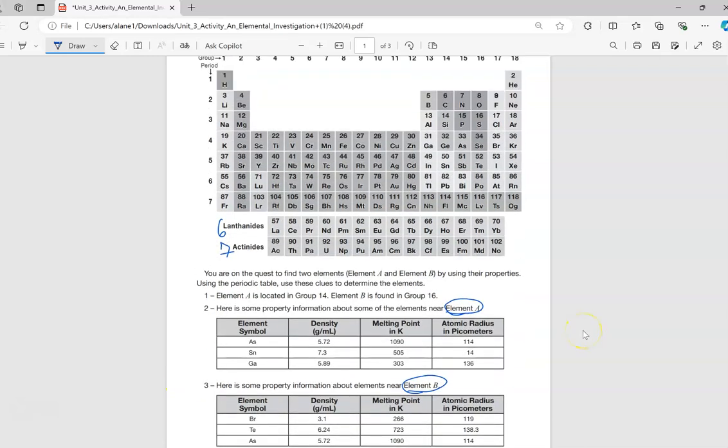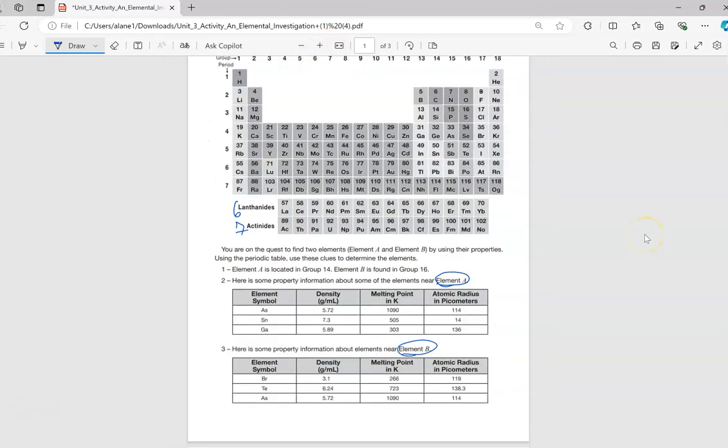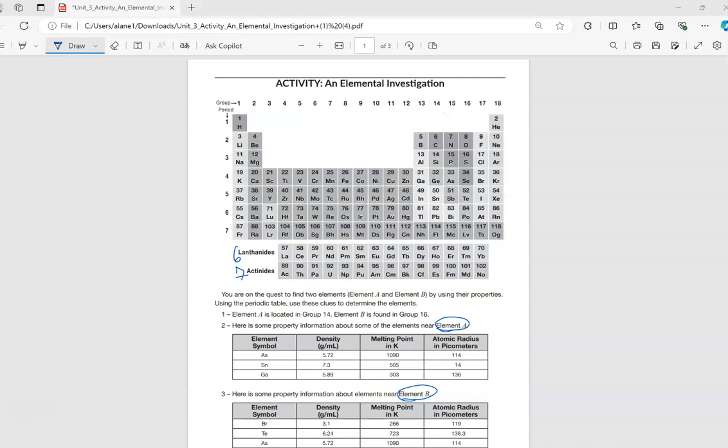Okay, so it says element A is located in group 14. I want a highlighter. So group 14, right here. So in this group right here.